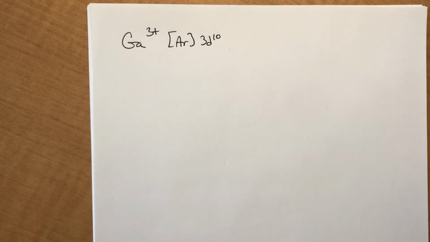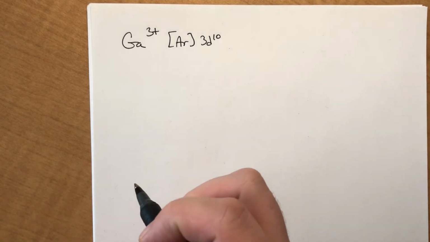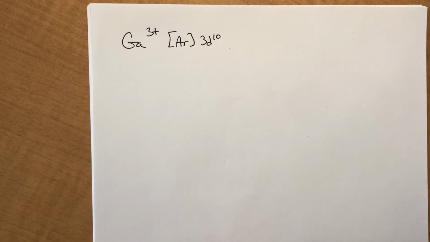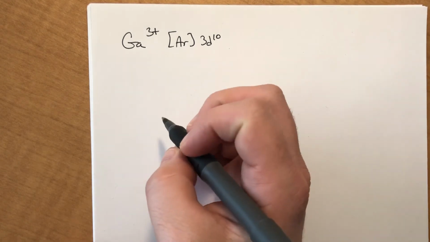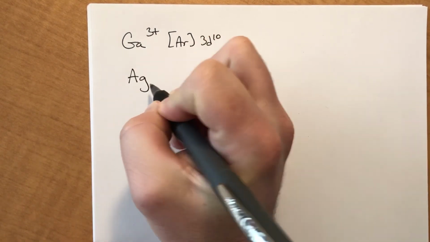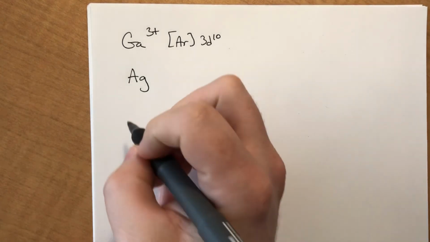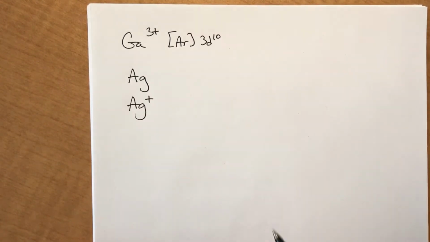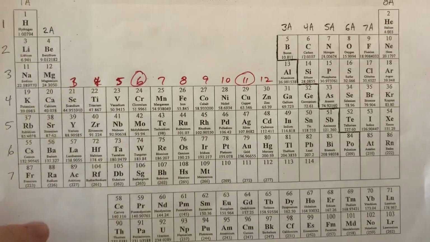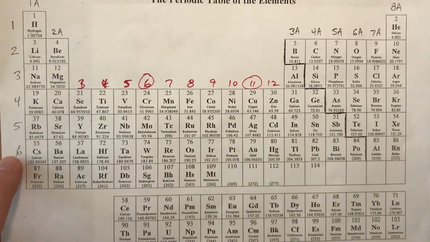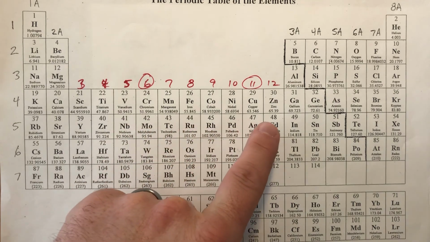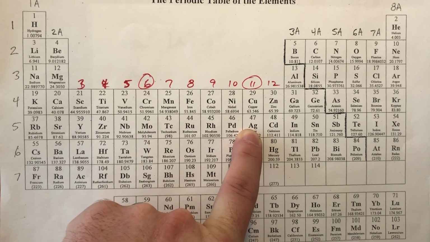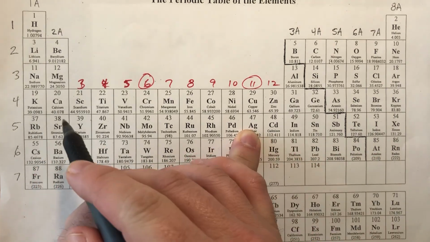Let's go with silver. Let's do silver neutral, and then we'll do silver 1+. Silver neutral would be krypton 5s2 4d9. But in all honesty, this is one of the exception ones, so it'll actually be 5s1 4d10.